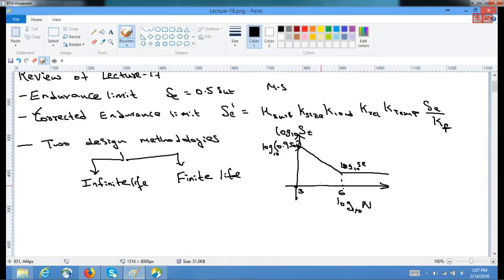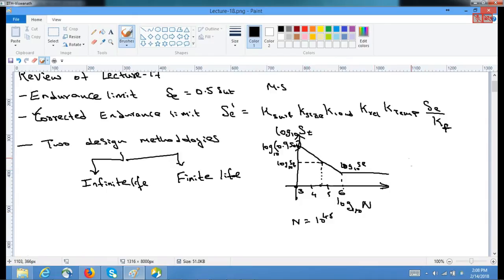So if we have, let's say, a value of n which is 4.5, which comes at, let's say this is 4, this is 5. So if you want to estimate somewhere here, we'll draw a line here and then we'll interpolate this value which is log 10 SF. So this is what we obtain for a given number of cycles.